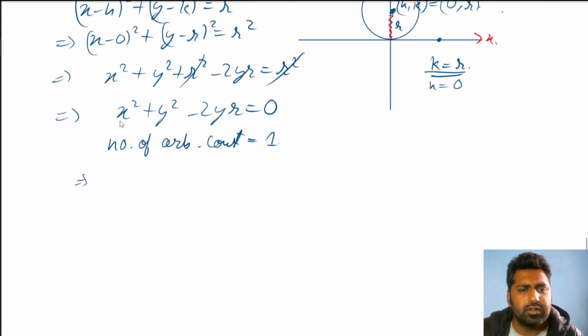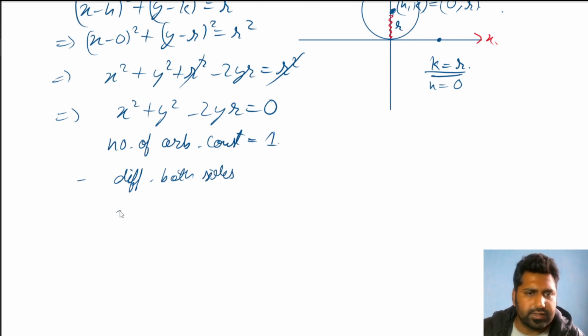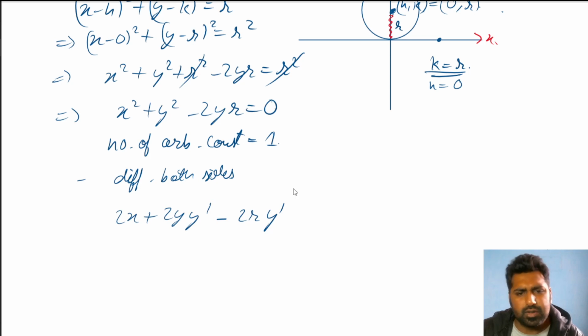Differentiating both sides, the differentiation of x square is 2x, y square is 2y y dash, minus 2r y dash. r is constant, so we'll leave it, equal to 0. I think we got the value of r from this. Now we can get the value of r.